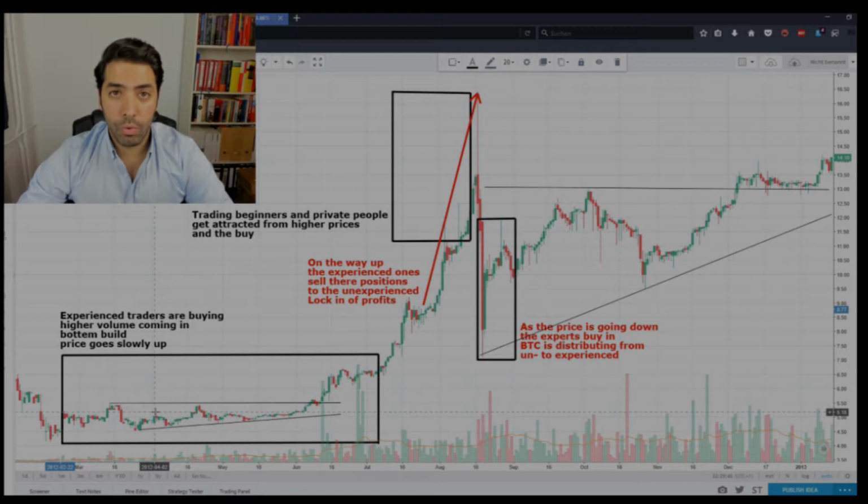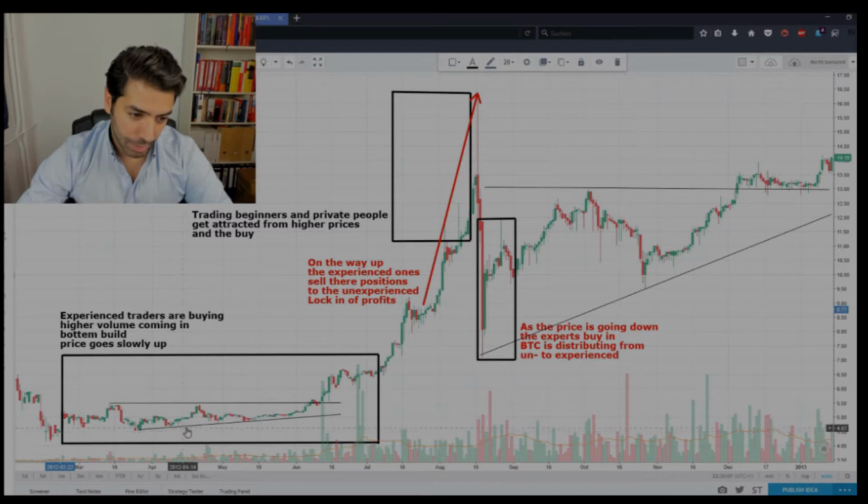We defined an uptrend with higher highs and higher lows. At the beginning you don't see any higher highs, but most of the time it starts with higher lows. So you see that we build a kind of triangle.